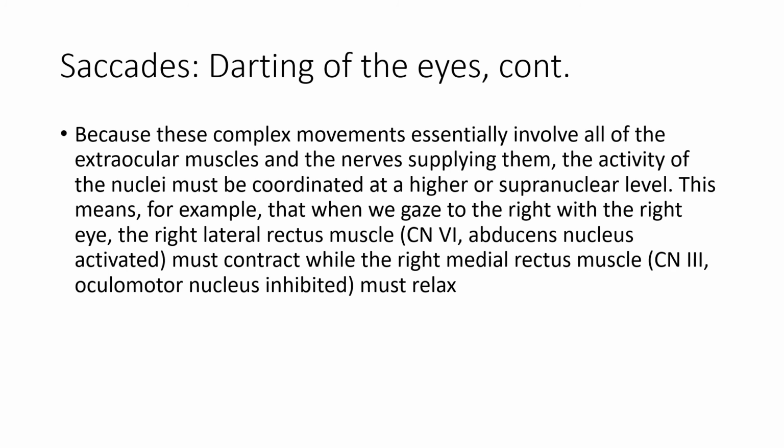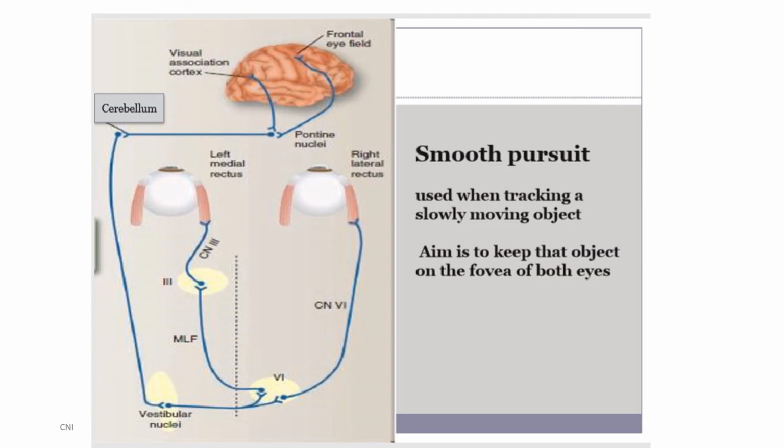This means, for example, that when we gaze to the right with the right eye, the right lateral rectus muscle, or cranial nerve 6, abducens nucleus, is activated. It must contract while the right medial rectus muscle, cranial nerve 3, oculomotor nucleus, is inhibited. That must relax. So again, think of agonist-antagonistic relationships.